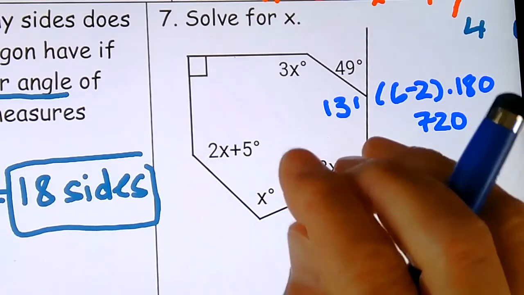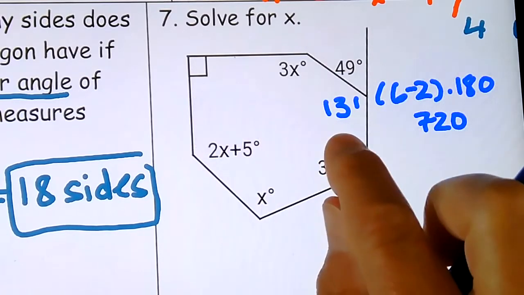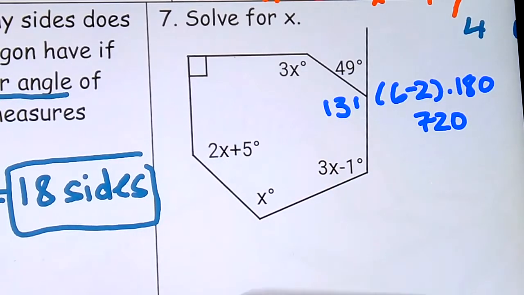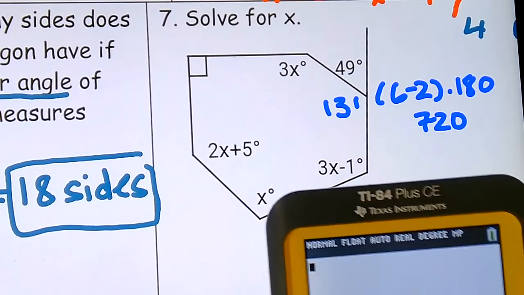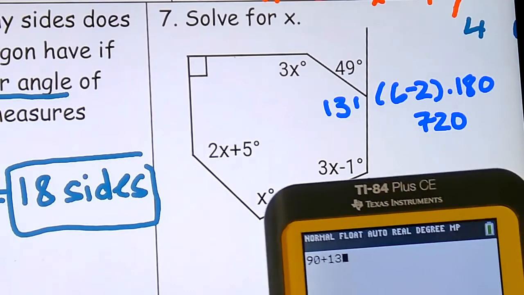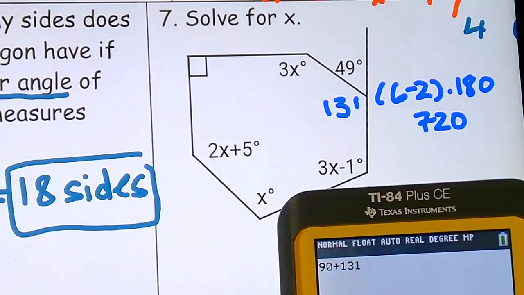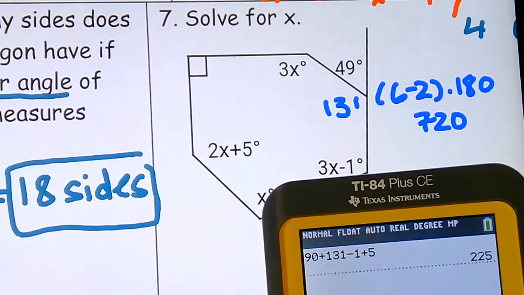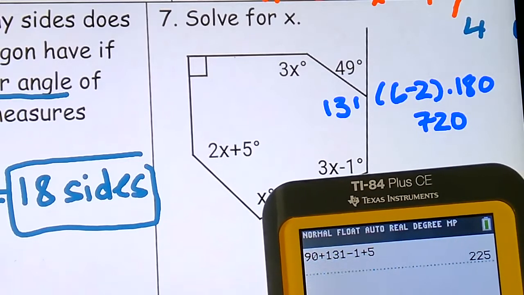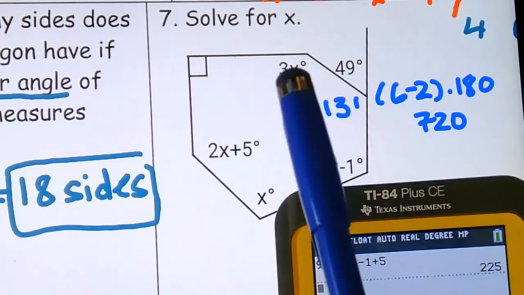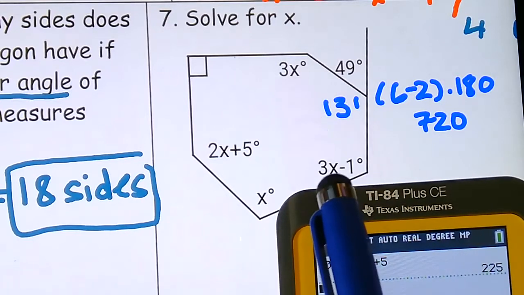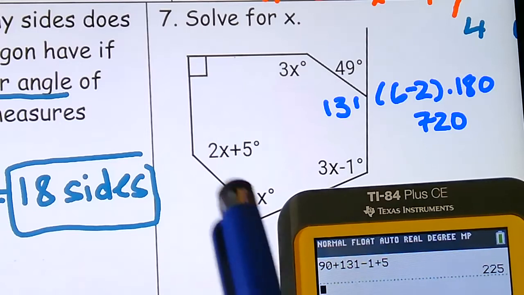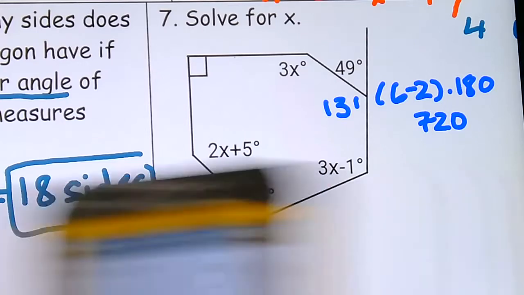Okay, so I've got a 90 and a 131. So here, let me do this. I have a 90 plus a 131. Minus 1 plus 5. Okay, so that's all my numbers. So I have a 225. And then I have 3x. So that's 6x, 7x, 9x. So I have 9x plus 225.